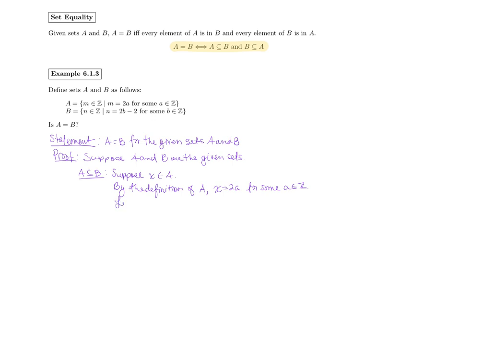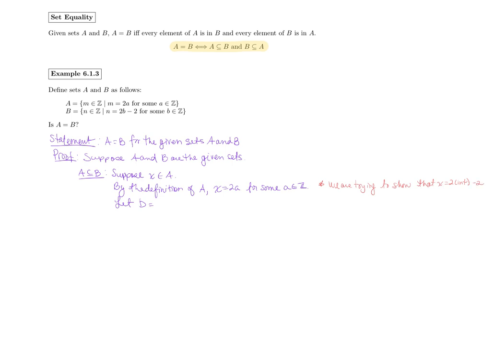And if we let b equal a certain value, how are we going to find that value? Well, let's think about it. We'll write ourselves some notes over here. We are trying to show that x equals 2 times an integer minus 2.